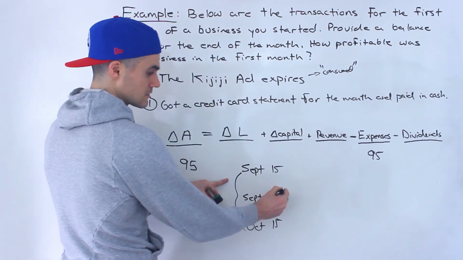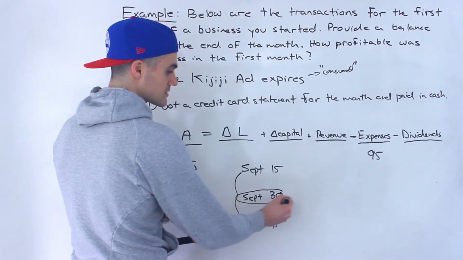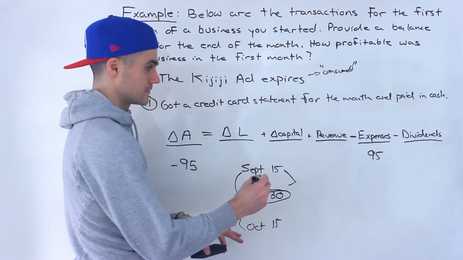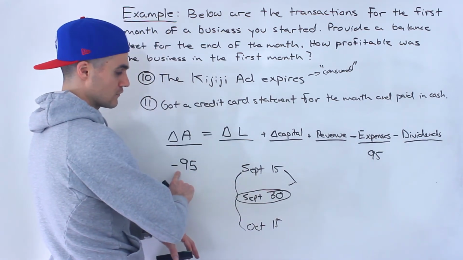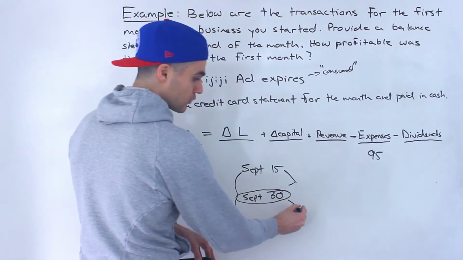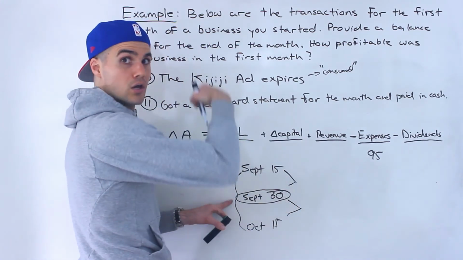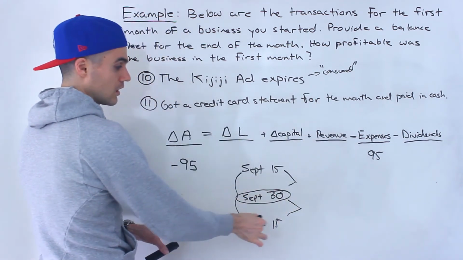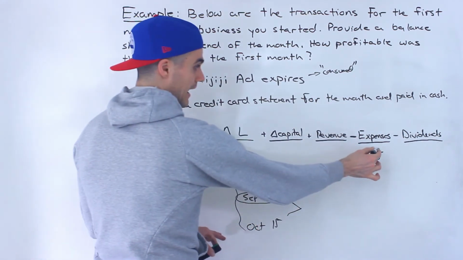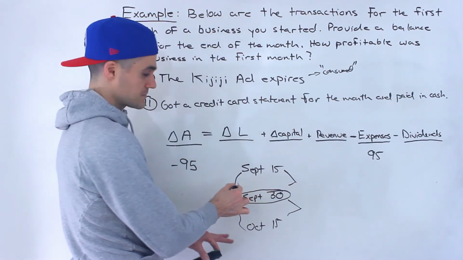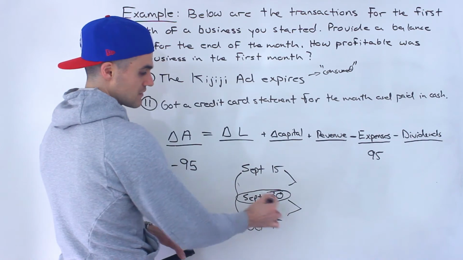But since we need a balance sheet on September 30th, we would use up half of that ad. So only half of the 95 would get consumed. So what would that be? 47.5. And then the other 47.5 would be on the income statement for October. So 47.5 would be an expense for the income statement in September, and then the other 47.5 in October.